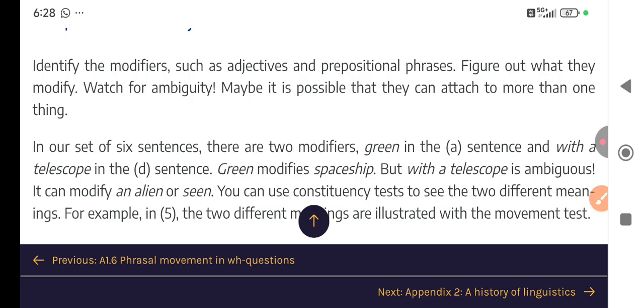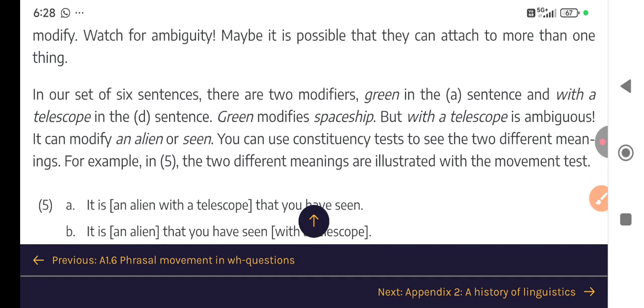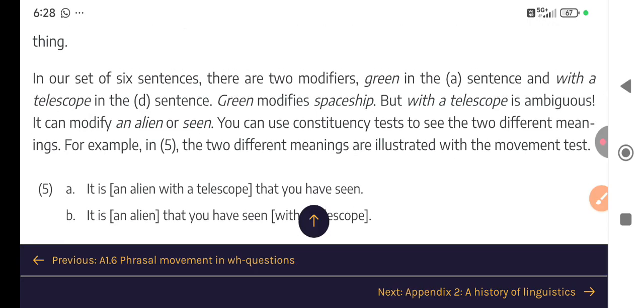Watch for ambiguity. It is possible that they can attach to more than one thing. In our set of six sentences, there are two modifiers: green in the A sentence and with a telescope in the D sentence.